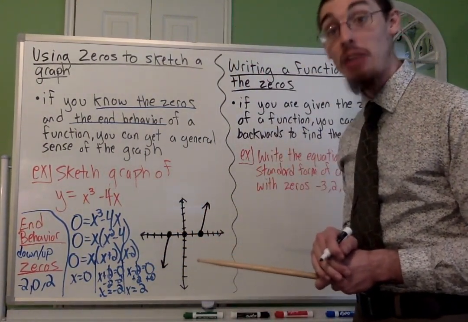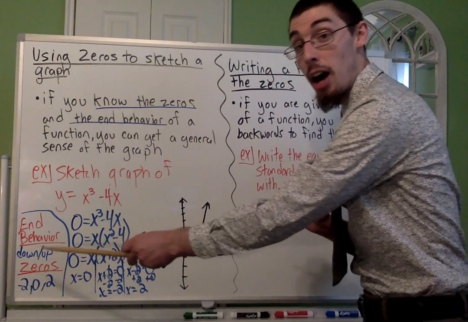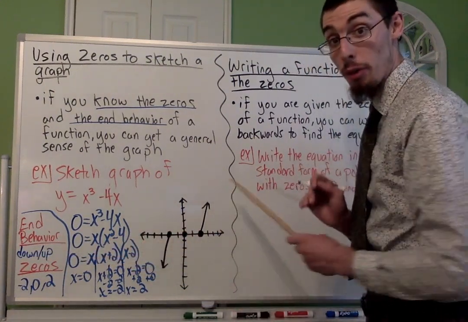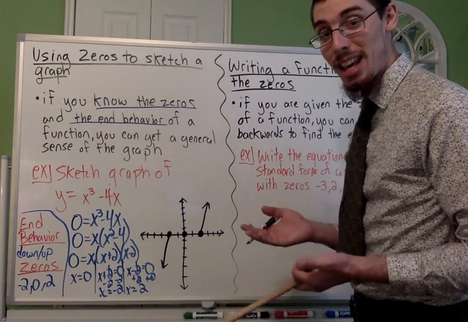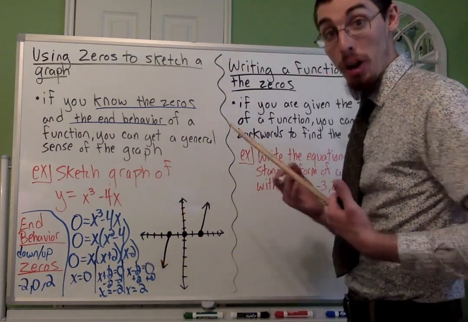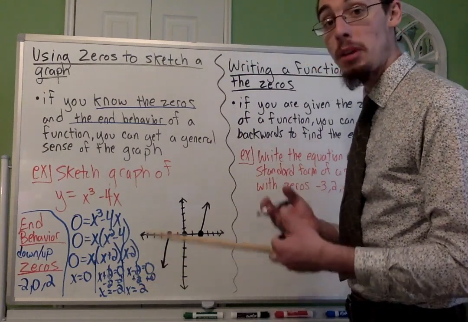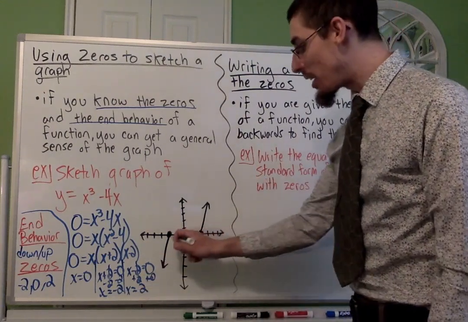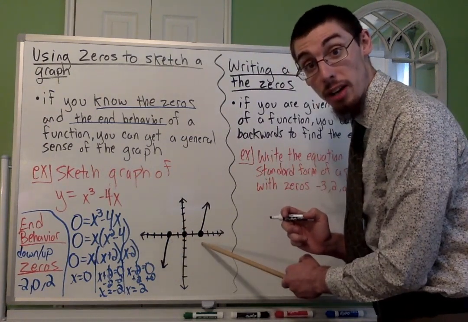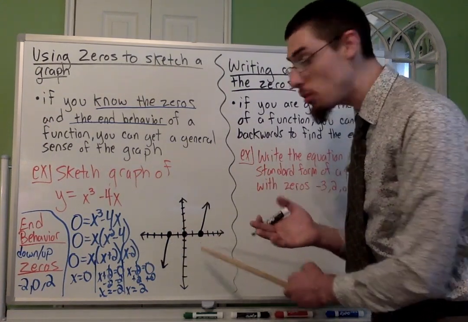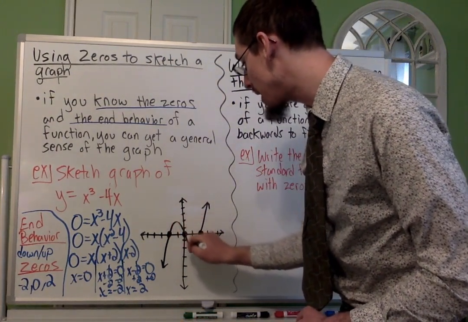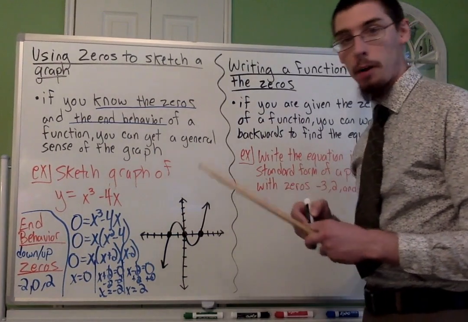Because that's my end behavior, right? Down, up. I have down on the left, up on the right. What's happening in between there? Well, again, with what I'm showing you, it's not going to be perfect, but think about it. You have to hit all 3 of these points, right? How are you going to do that? Won't you have to come up, loop back down, and then loop back up?